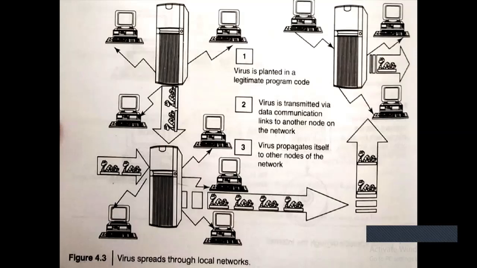Now if someone tries to access it, suppose the virus has been sent to this server by a particular user, the server data is sent to other users as well as to other servers. You can see here it is getting some data from other servers also. Even this particular server is getting data from other servers.